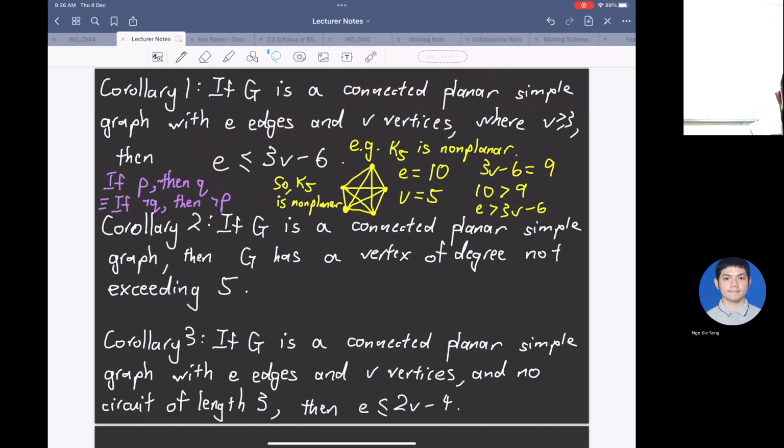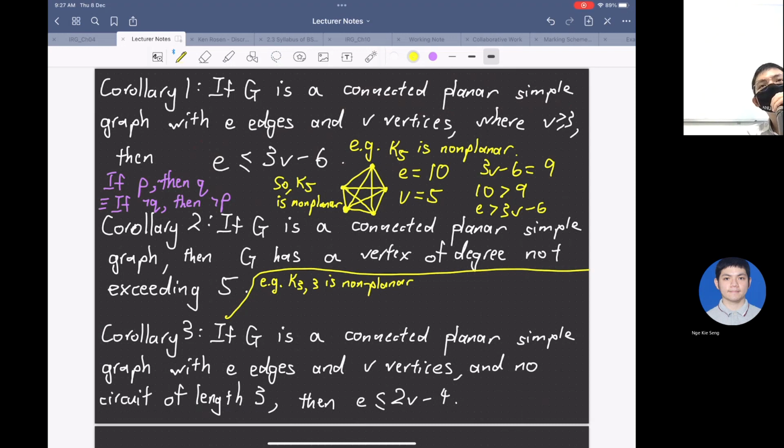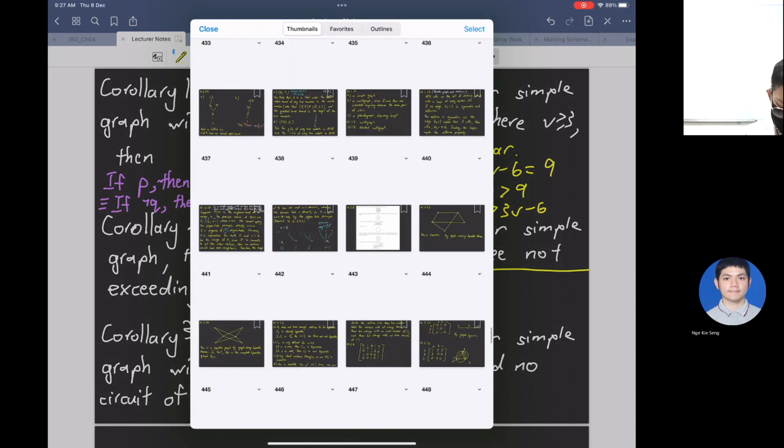Corollary 3 will be useful to show K3,3. Remember what's K3,3? The complete bipartite graph. Do you remember last time we showed it using the diagrammatic method? I said there are 3 regions.